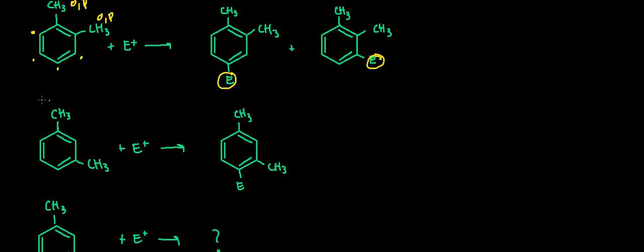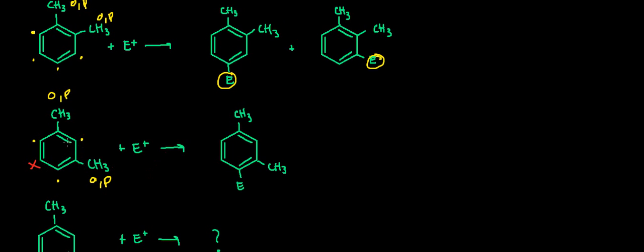So for this one is ortho-para, this one is ortho-para as well. So this one wants to add here, here, or here, and this one wants to add here, here, or here. So here's a situation where all of these carbons are going to be reactive except for this one.